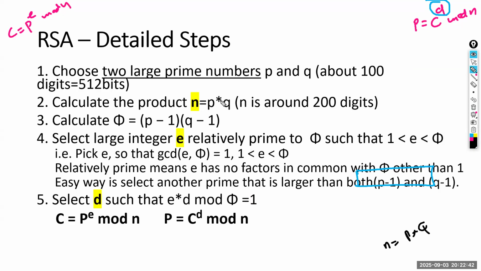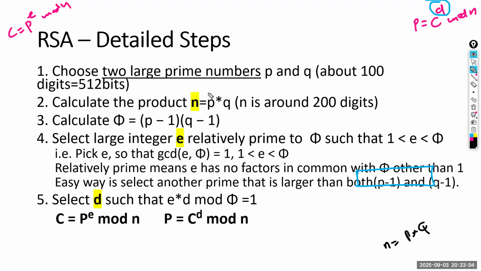So you need to select P and Q. Let's not go for a very big prime number, so we can remember something like 13 and 17. Then you need to calculate phi, which is P minus 1 into Q minus 1.